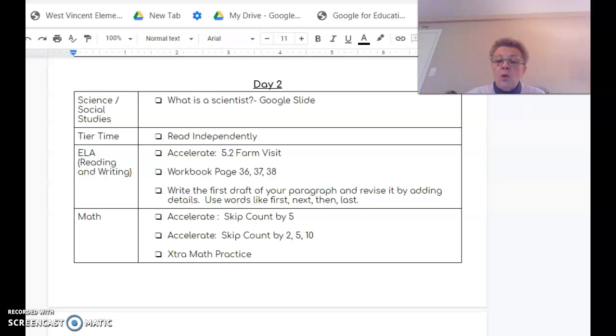And then in your notebook, you are writing your first draft of your paragraph, and then going back to revise it by adding details, using words like first, next, then, last. And in math, you are completing skip count by 5 and skip count by 2, 5, 10 in Accelerate, along with your extra math practice.